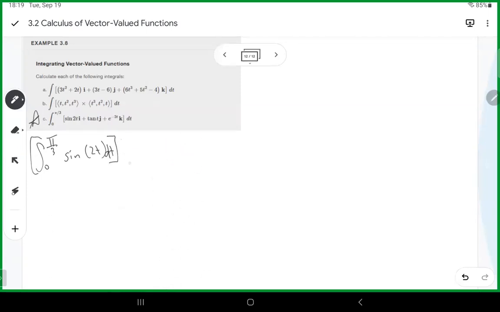I apologize. The integral of tangent t dt j plus the integral from 0 to pi over 3 of e to negative 2t dt.